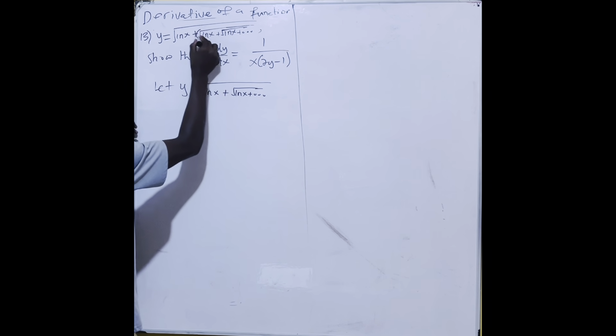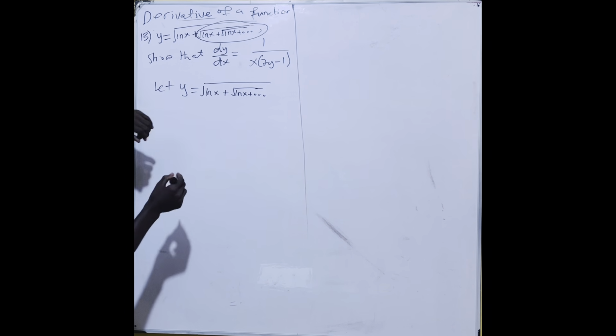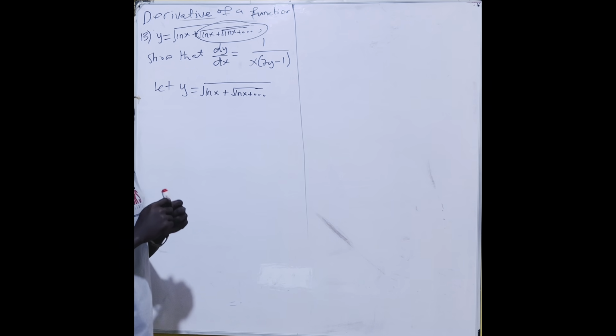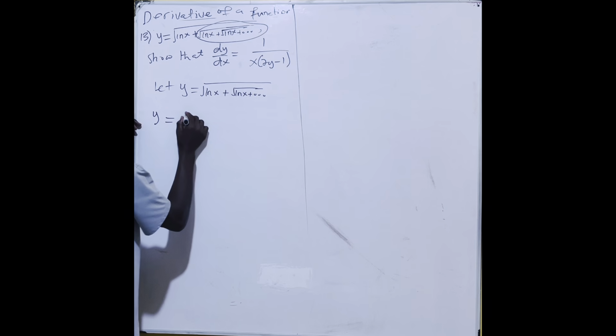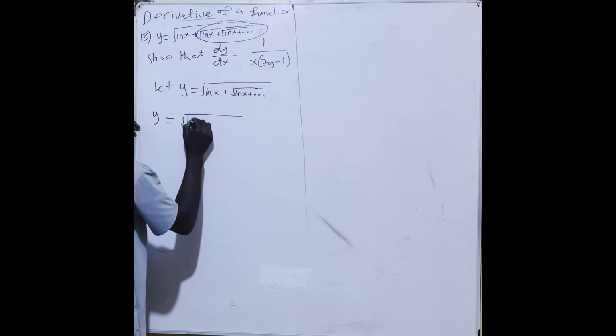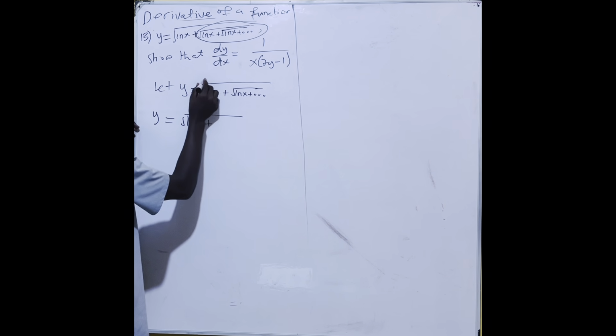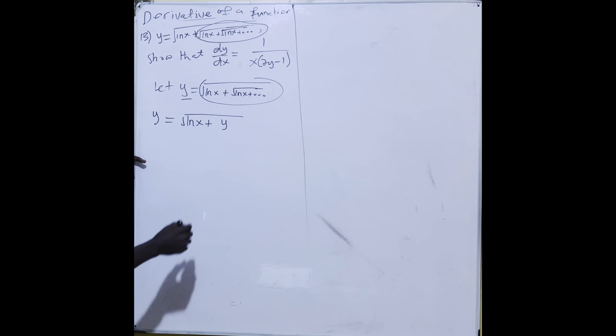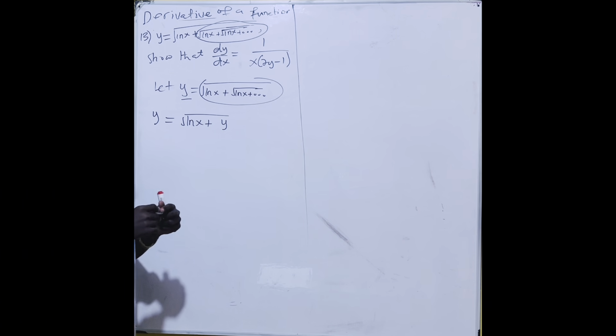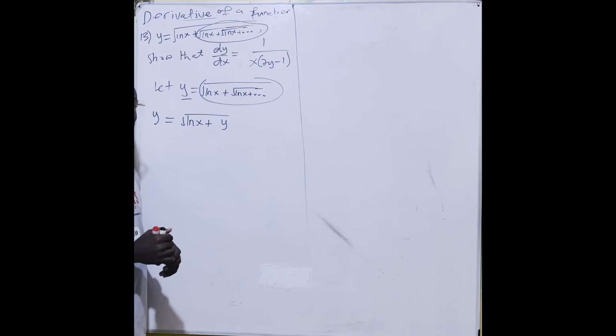So the whole of this has been represented by y. So we say that y is equal to the square root of ln x plus this, which is y. So we have simplified the expression to the lowest term so that we can differentiate.